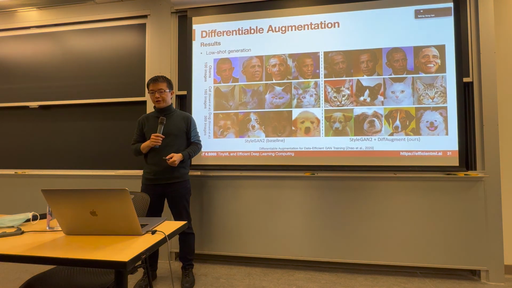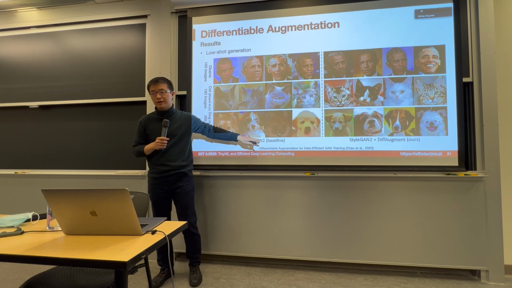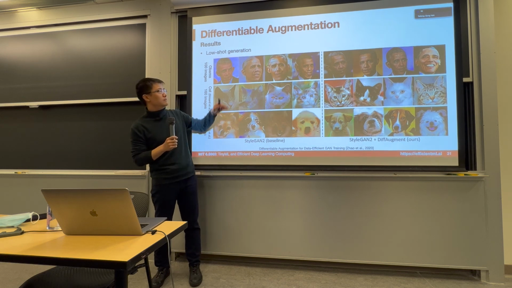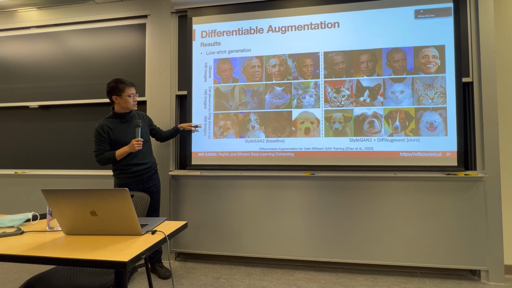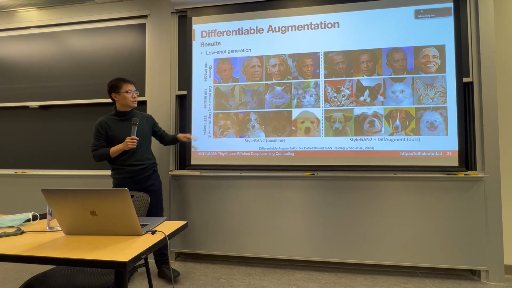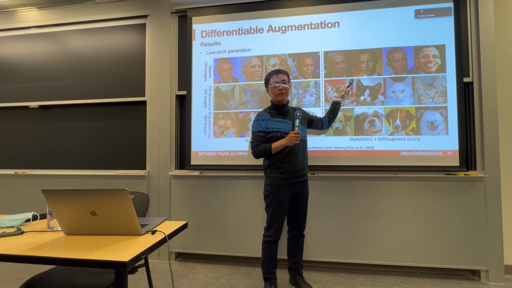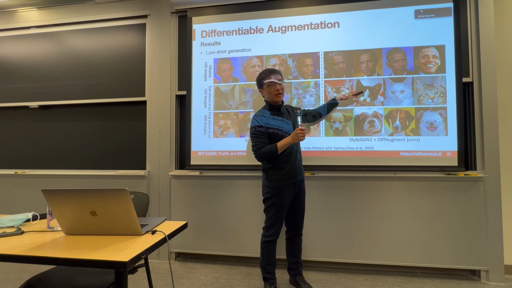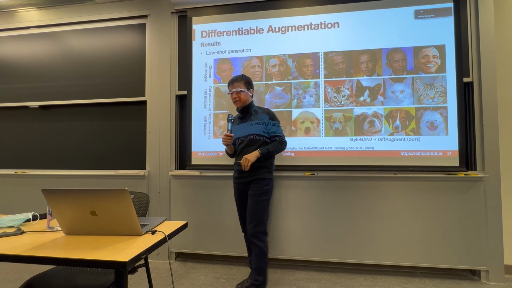Okay, so here are more results comparing without data augmentation, without DiffAugment, the StyleGAN tool from NVIDIA, a very popular baseline, using 100 Obama faces, 160 cats, 389 dogs. This is the original generative quality. But by applying DiffAugment with the same amount of training data, now we can generate photorealistic Obama, photorealistic cats, and photorealistic dogs.